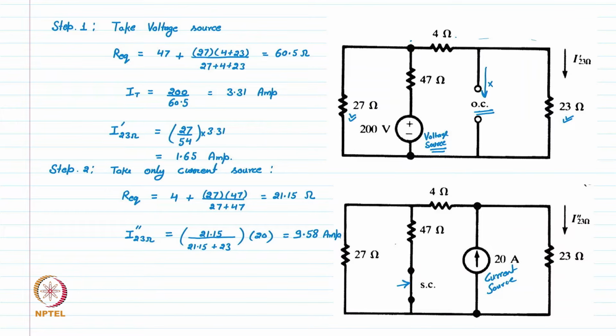So now we have these two circuits. In one, we keep the voltage source and the current source is replaced by an open circuit. We calculate the current in 23 ohm is 1.65 amp because of this voltage source. In the second step, we consider the current source and short circuit the voltage source, and we calculate the current in 23 ohm is 9.58 ampere. So the total current in 23 ohm because of both of the sources will be the algebraic sum of these two currents.